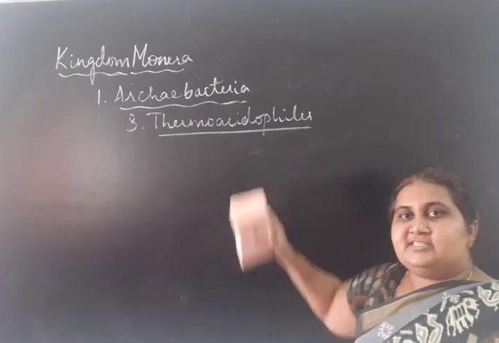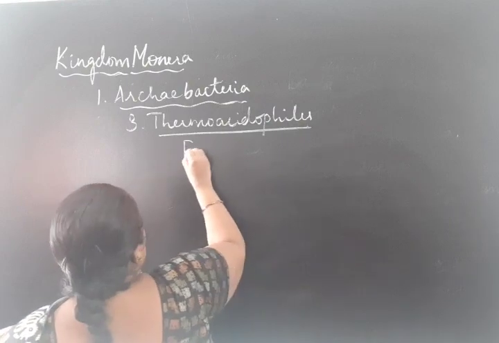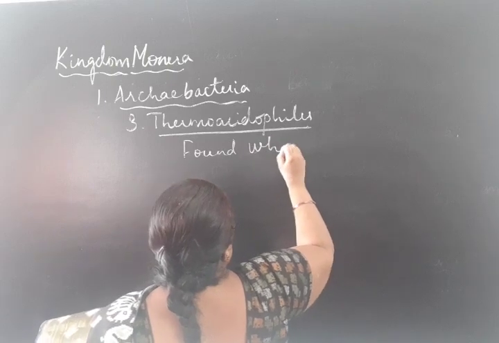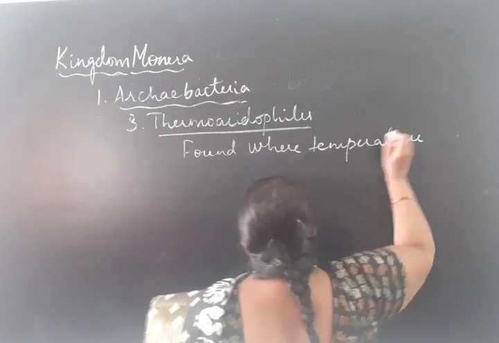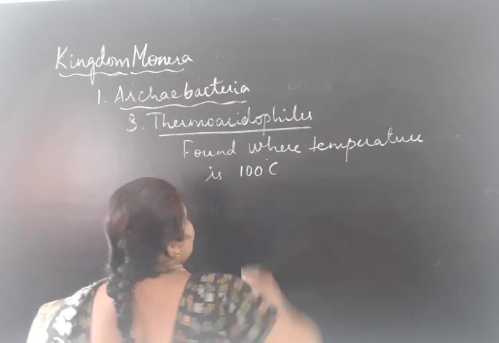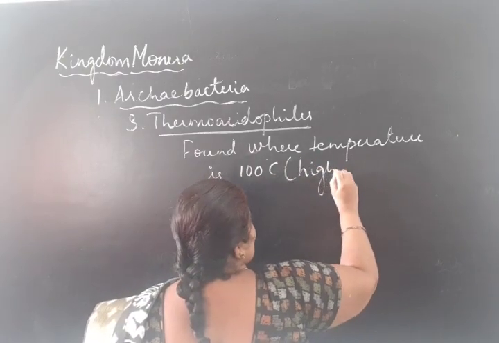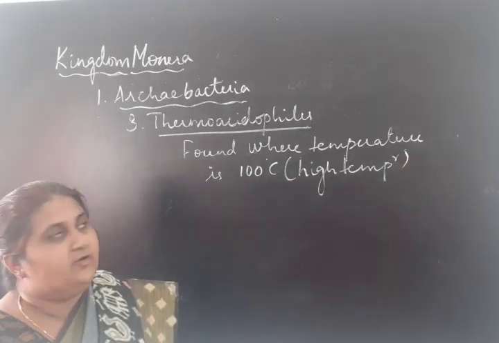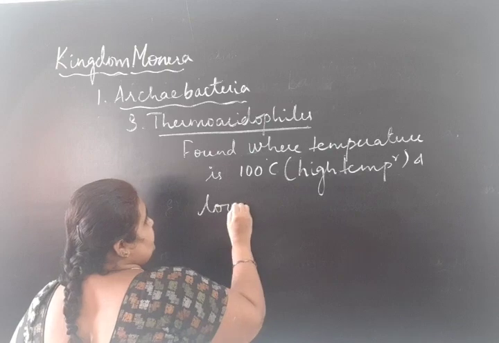So thermoacidophiles are the group of Archaebacteria which are found where the temperature is high, more than 80 to 100 degrees Celsius, as well as low pH.